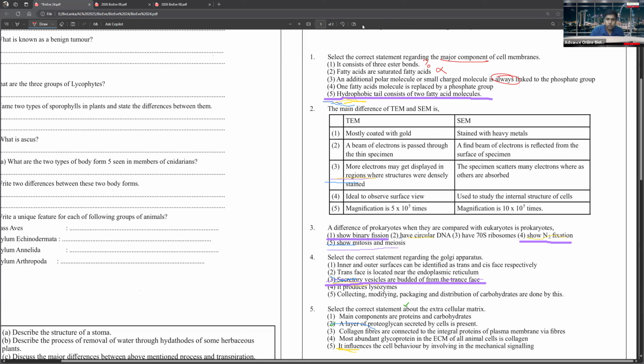One fatty acid is replaced by a phosphate group. That is correct.